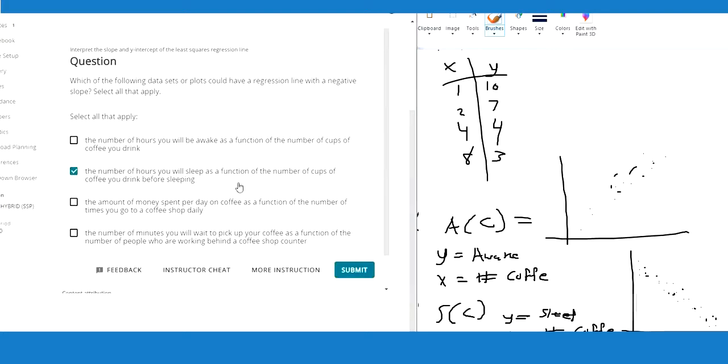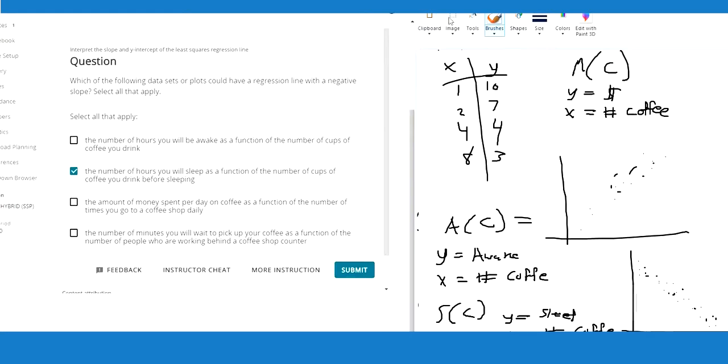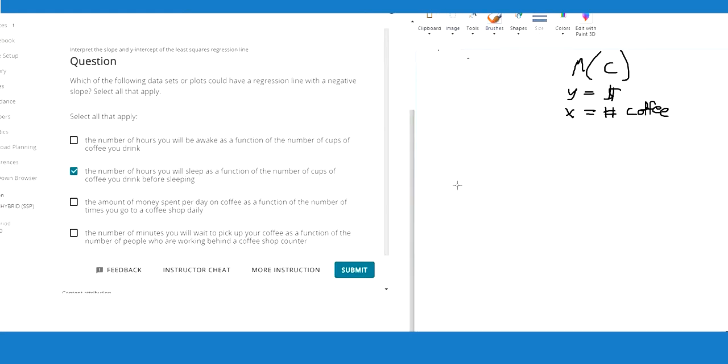The amount of money spent per day on coffee. So money spent per day on coffee as a function of the number of times you go to a coffee shop. So that's what it looks like in function notation. In other words, y is the money, and x is the number of times you go to a coffee shop. All right, so let me get rid of this and give ourselves some room here.